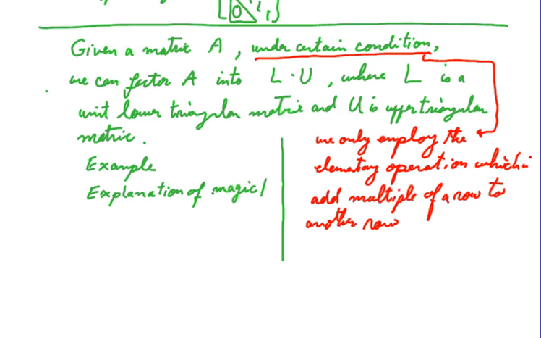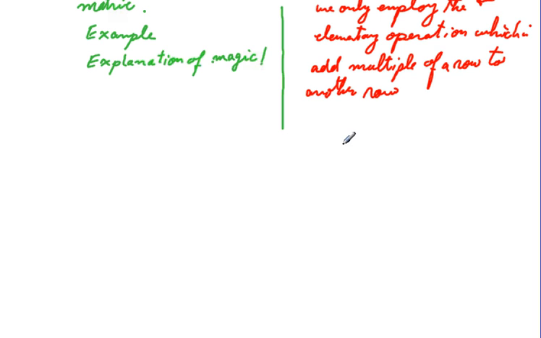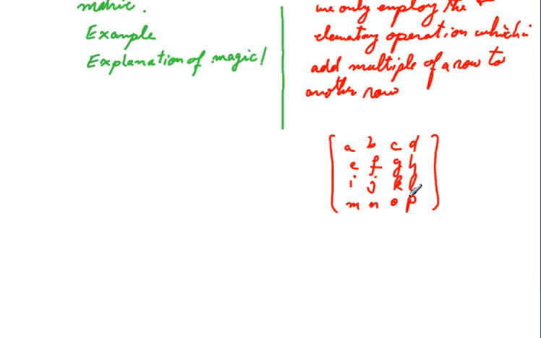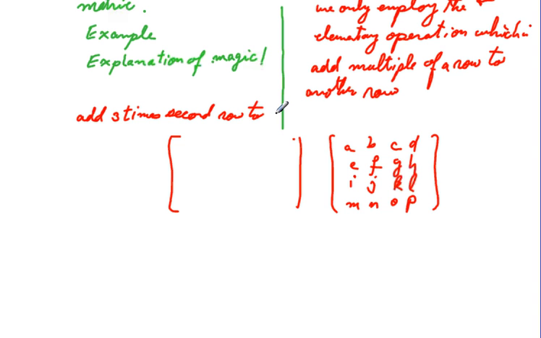Let me just make sure that you guys remember. Suppose I have a matrix with entries A, B, C, D, E, F, G, H, I, J, K, L, M, N, O, P. Suppose I want to add three times the second row to the fourth row.